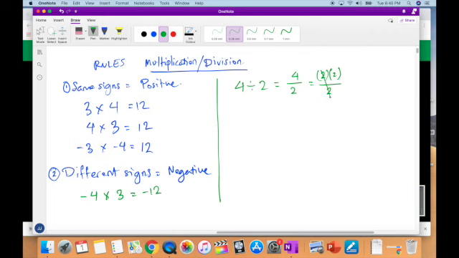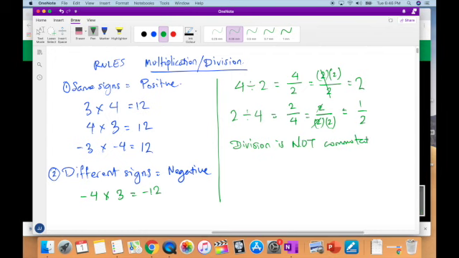So the 2's cancel, and you'll have 2. What is 2 divided by 4? This 2 cancels with this 2, and I get a half. So we can see here that division is not commutative.